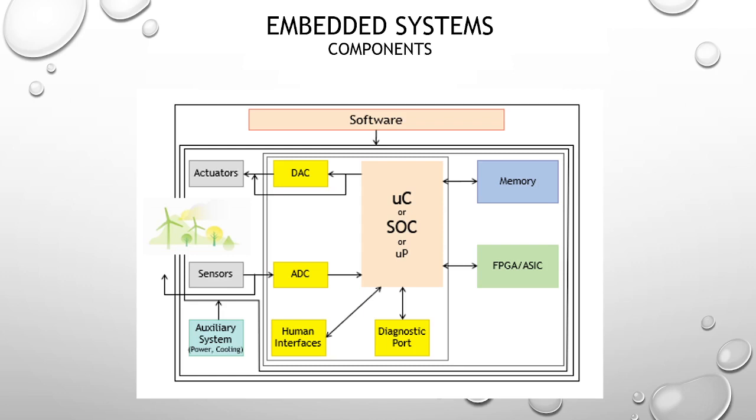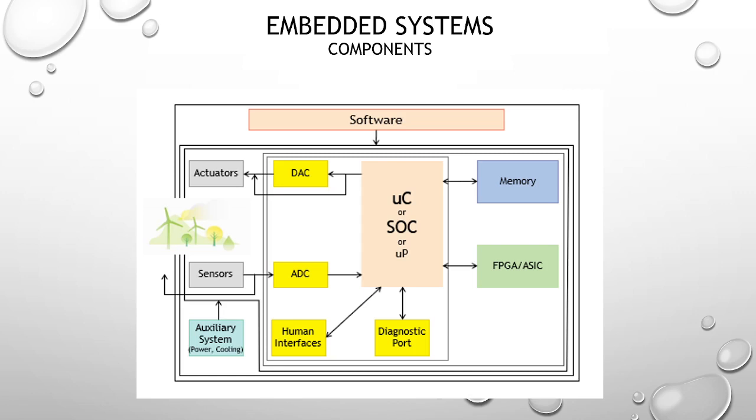Apart from this, most embedded systems work in an analog environment where the system is reading some analog sensor inputs and controlling the actuators. So, to connect the analog world to the digital processor, we need an analog to digital converter, and on the other hand, we need a digital to analog converter.